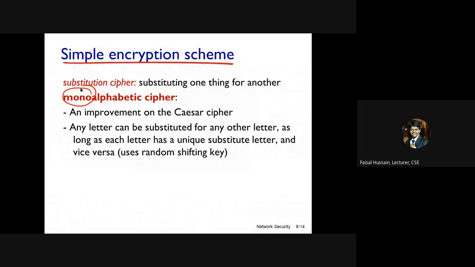If they are randomized, the difficulty of cracking this encryption will be higher, because he cannot guess only 25 times, he has to guess more. This is a random shifting key for each alphabet, so for each letter there will be a unique substitution letter.